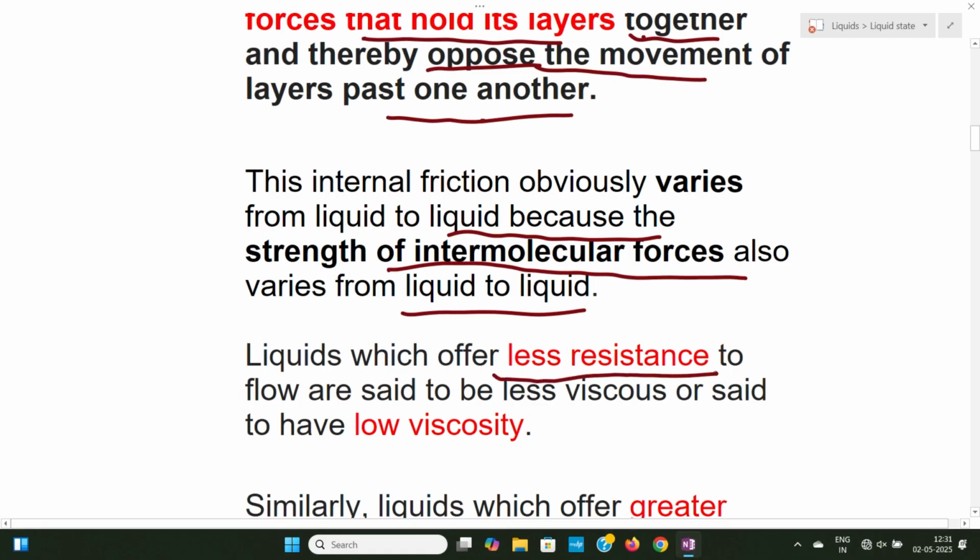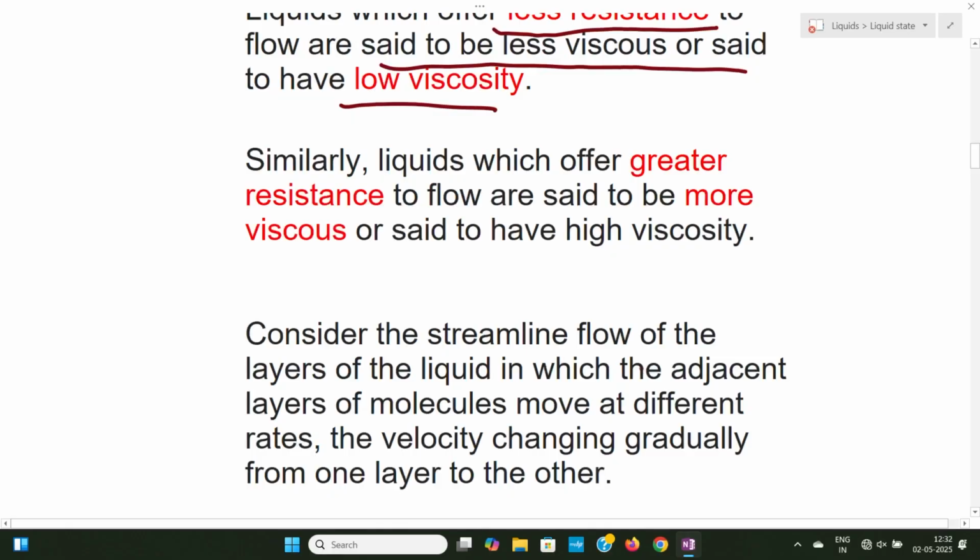Liquids which offer less resistance to flow are said to be less viscous or to have low viscosity. Similarly, liquids which offer greater resistance to flow are said to be more viscous or to have high viscosity. So, we have low viscosity liquids and high viscosity liquids.